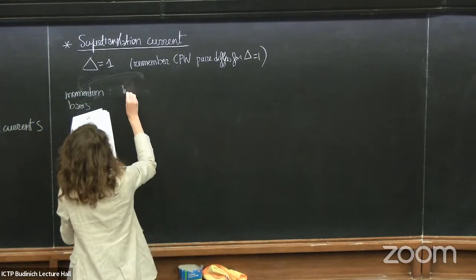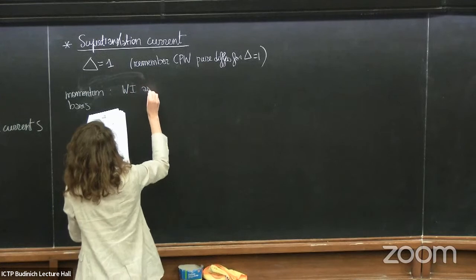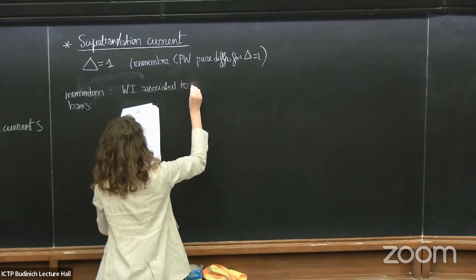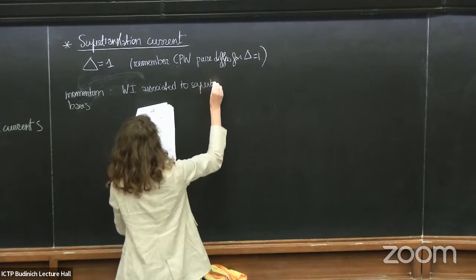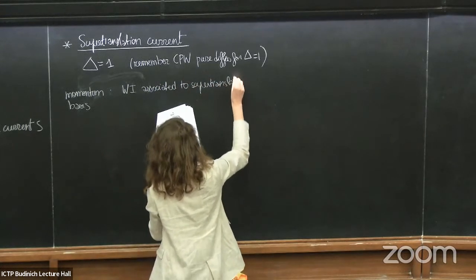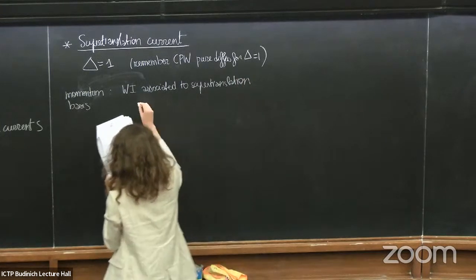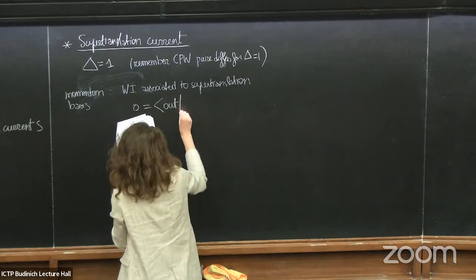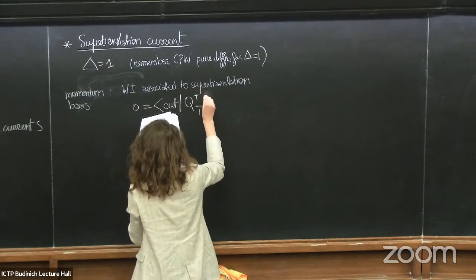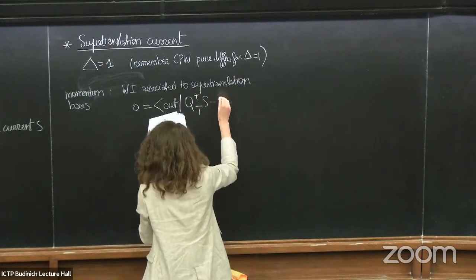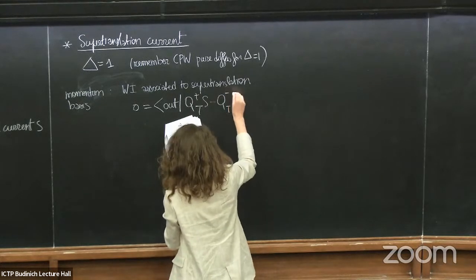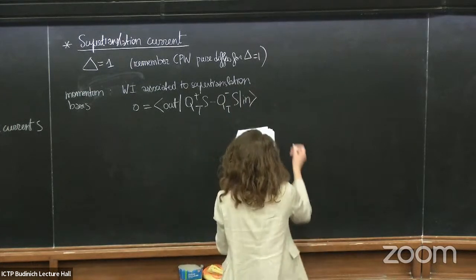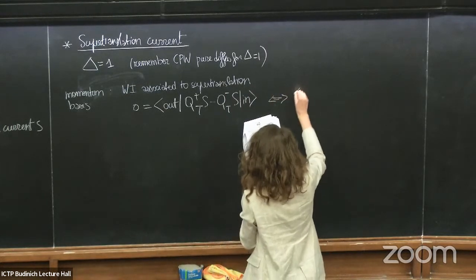We had the Ward identity associated to supertranslation, for translation symmetry, where we had the statement that the S matrix commutes with the charge associated to this symmetry.